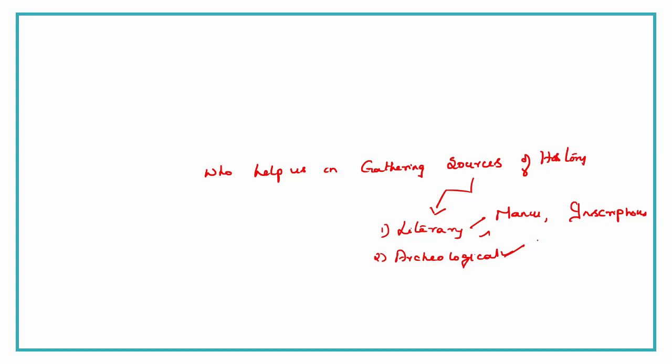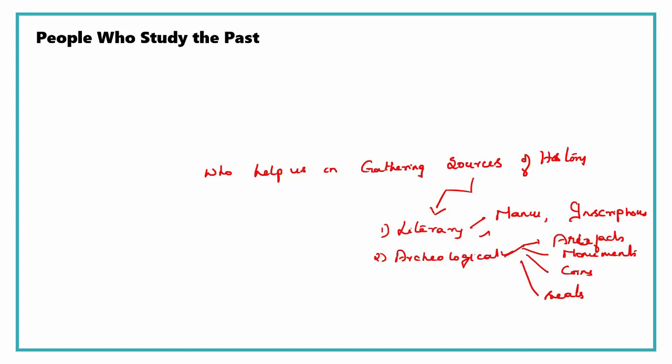In archaeological sources, we have seen artifacts, monuments, coins, and seals. But my question is, who are the people who help us in gathering all these sources? Now let us see.